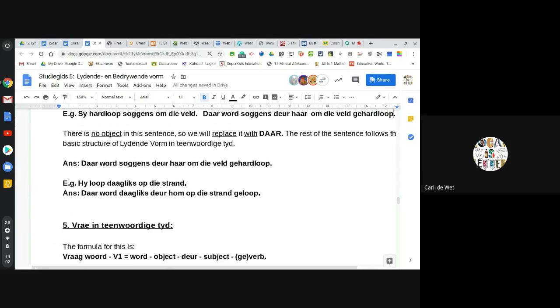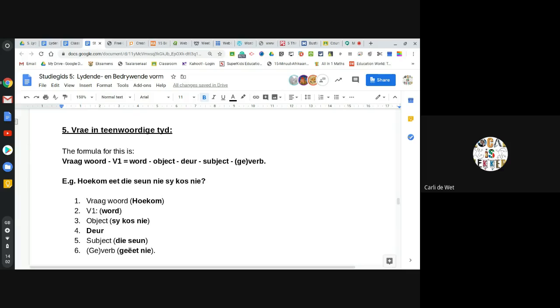So I'm going to simplify it a little more than what it is here. So basically, if you ask a question and the question needs to be written in the Lydende vorm, you are going to keep your question word in the front and you are going to keep verb 1. Unless the sentence is in the present tense, then there's not necessarily going to be a helping verb in the verb 1 position. Ne? As ek byvoorbeeld sê, hy hardloop om die strand. Of nee, hoekom hardloop hy om die strand? Of actually, kom ons vat hierdie sin.